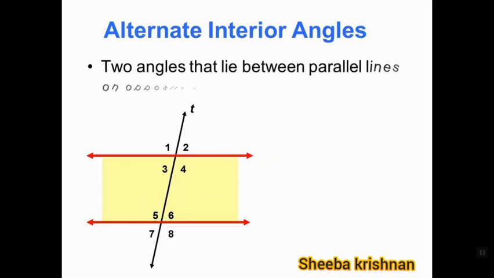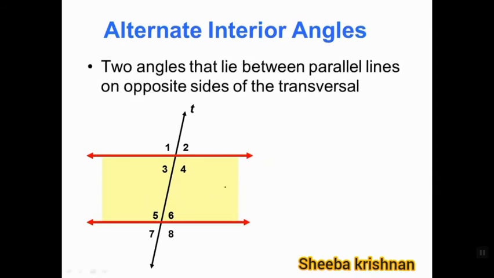Next, alternate interior angles. Two angles that lie between parallel lines on opposite sides of the transversal. So we will take only whatever angles are there inside the parallel lines.